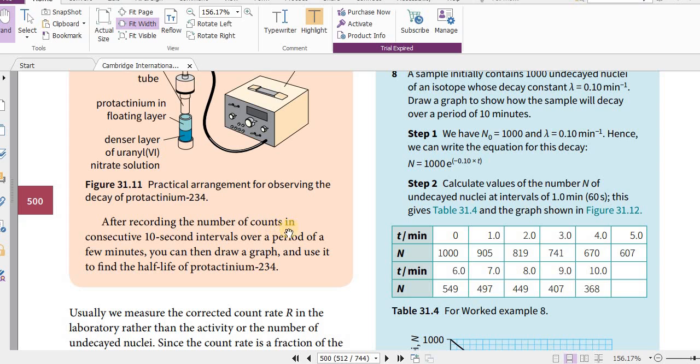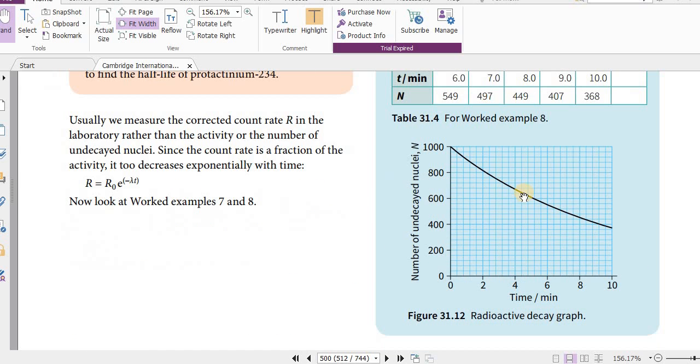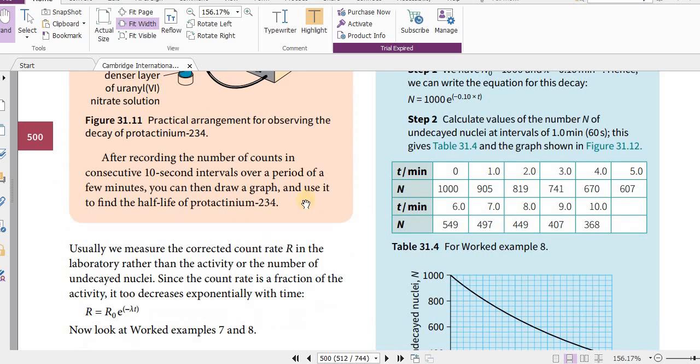After recording the number of counts in consecutive 10-second intervals over a period of a few minutes, you can draw a graph and use it to find the half-life of protactinium. So every 10 seconds you can see the count rate and plot a graph. The next example has that, so we'll go through it and you can understand it better.